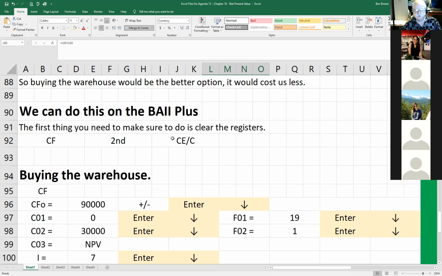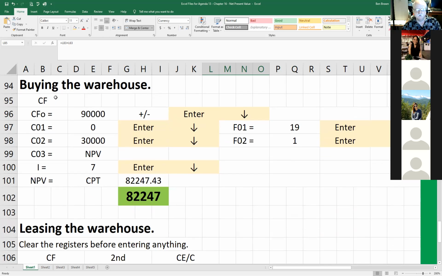You want to get used to doing this before you ever use the cash flow. Clear the registers of any other numbers. So now that we've cleared the registers, I'm going to go CF. And when I do that, I can see on the screen CF and a little 0.